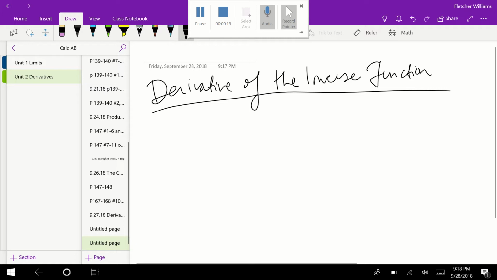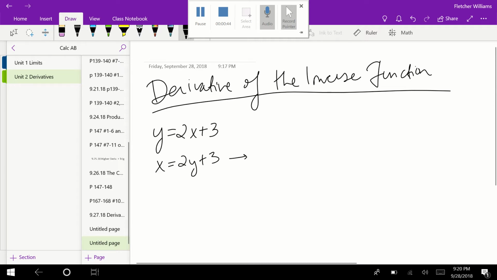Okay, so a few examples. Just to remind you, a while ago, maybe in algebra, you looked at finding the inverse of a linear function like this. If you wanted to find the inverse, you would just swap x and y and solve for the new y.